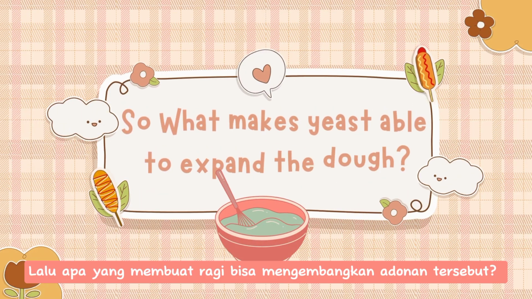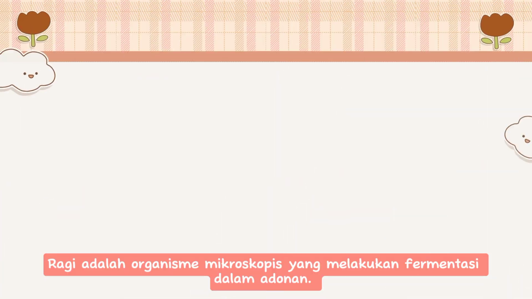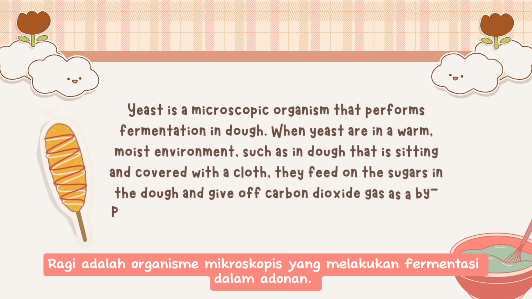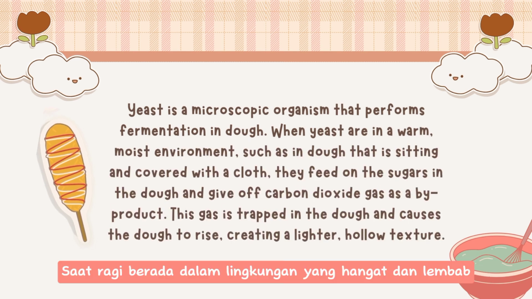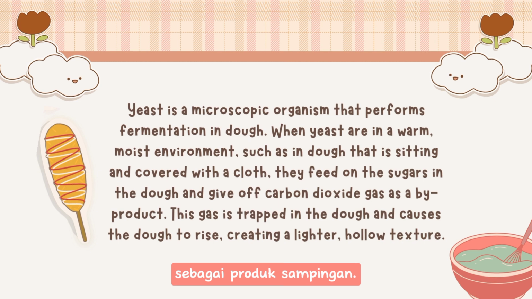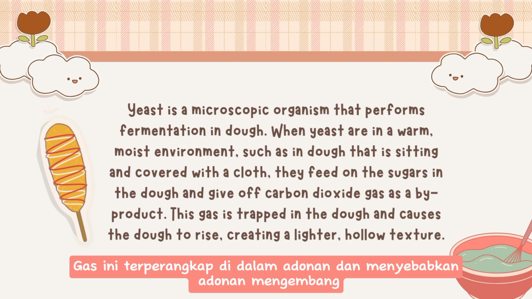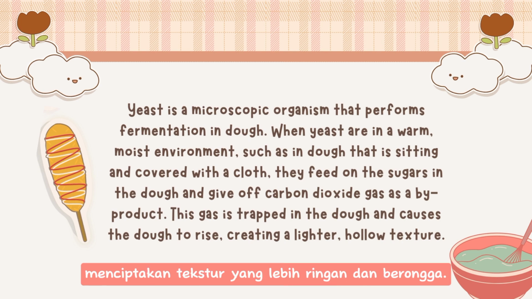So, what makes yeast able to expand the dough? It is a microscopic organism that performs fermentation in the dough. When yeast are in a warm, moist environment, such as dough that is resting and covered with a cloth, they feed on the sugar in the dough and give off carbon dioxide gas. This gas is trapped in the dough and causes the dough to rise, creating a lighter hollow texture.